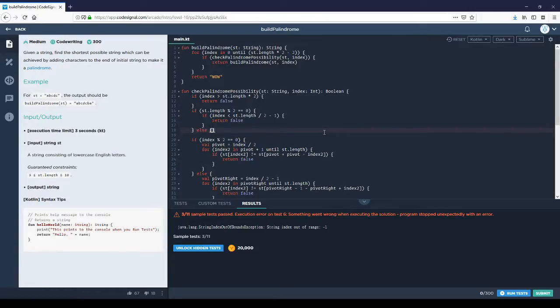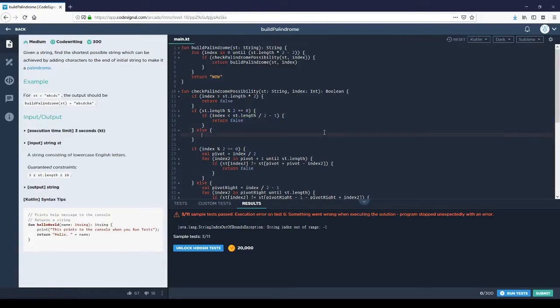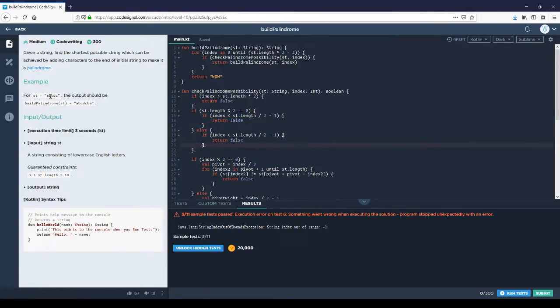And else, if 0, 1, 2, 3. So this is it. So length 0, 1, 2, 3, 4: length plus 1 divided by 2.